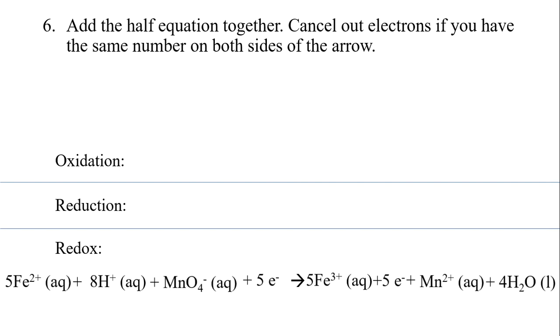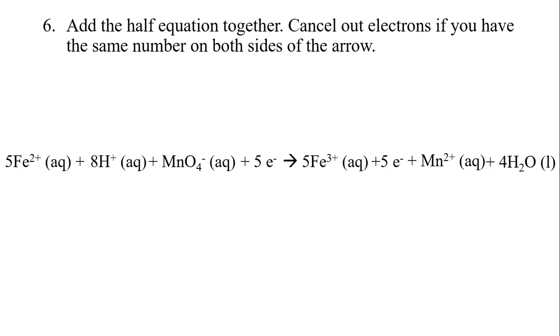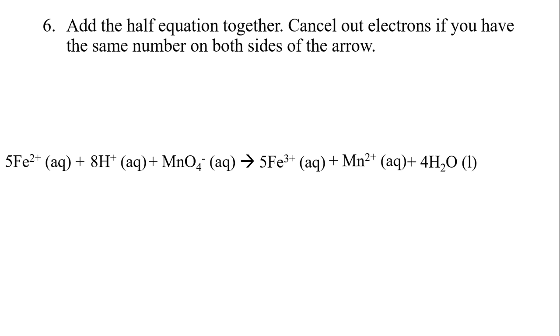Like so, and that's a very long reaction formula, isn't it? Okay, but we can simplify this a little bit. As you can see, we have 5 electrons on both sides of the arrow, so we can remove them to simplify the expression. And then we have this equation, which is a little bit simpler.